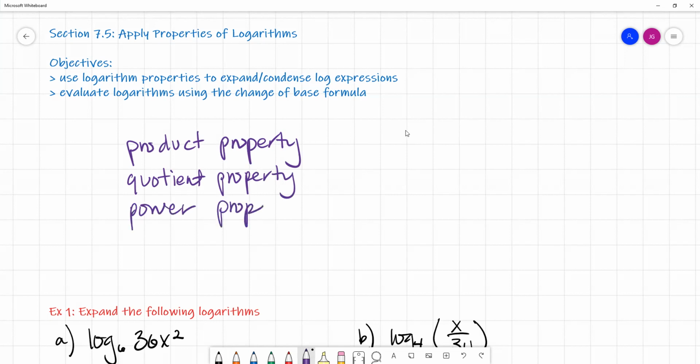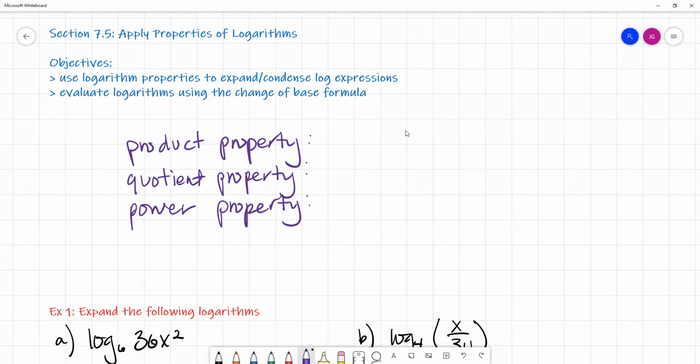Okay. And so what these properties are going to help us do are to either take a logarithm and rewrite it as multiple, or rewrite multiple as just a single logarithm. And depending on the situation, we're going to want to do one or the other, right? And this will be especially useful to us when we start solving equations in 7.6, okay?